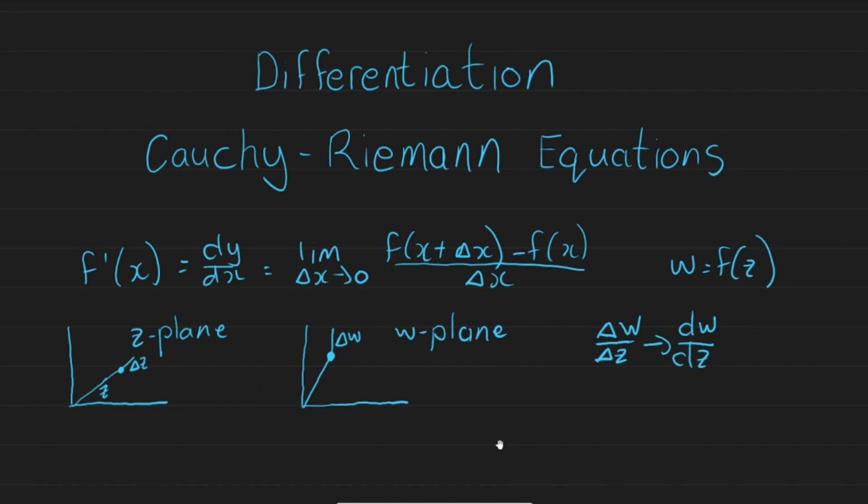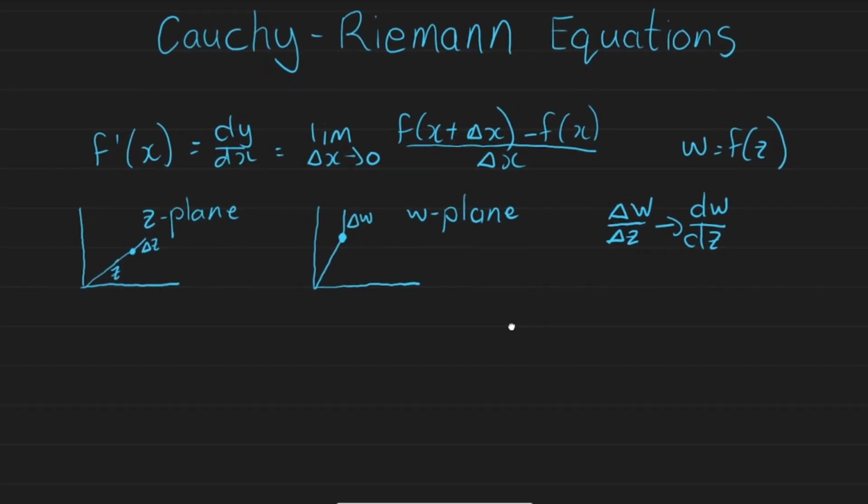So how is it defined? Well, it's defined in exactly the same way as the traditional derivative. We would have something like f prime z, and that would also be equal to dw/dz. So everything that is written here also has an analogy in the complex plane.